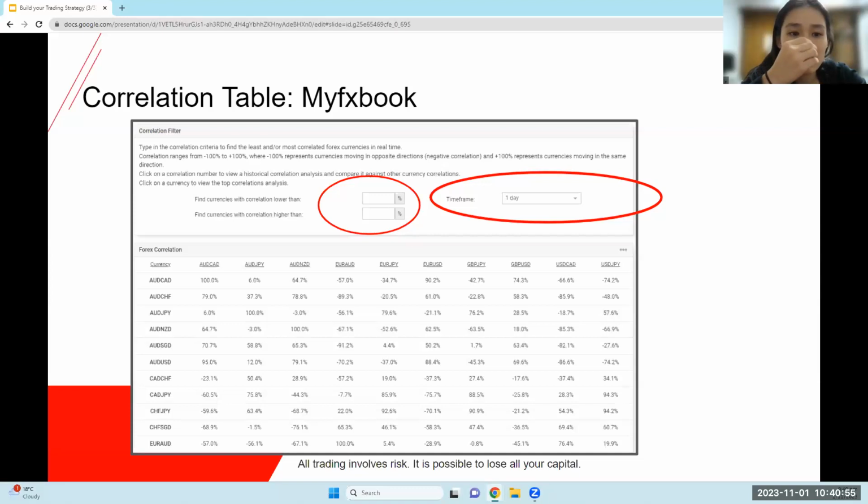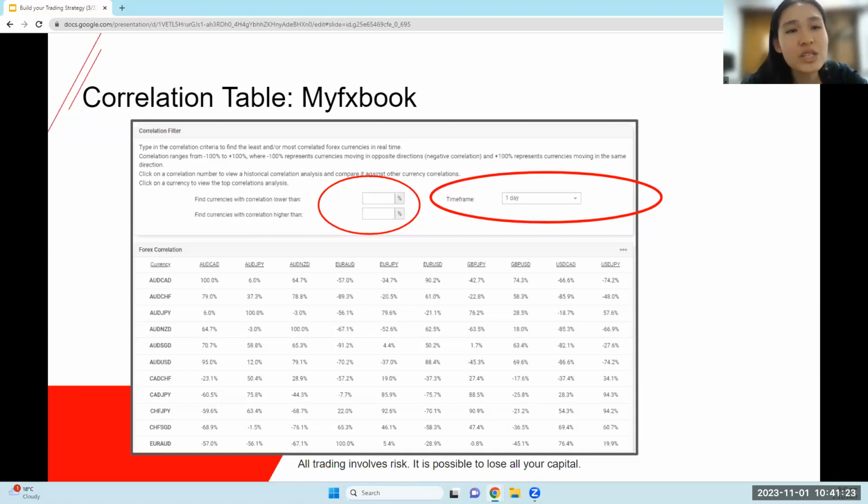Okay, so here I have an example. My FX book has a correlation table that you can use to find the most or least correlated forex currencies in real time. So I've highlighted the time frames. You can choose if you're looking at a higher time frame or lower time frame. It's all there for you to adjust. And you can find currencies with correlations higher or lower than a certain percentage.